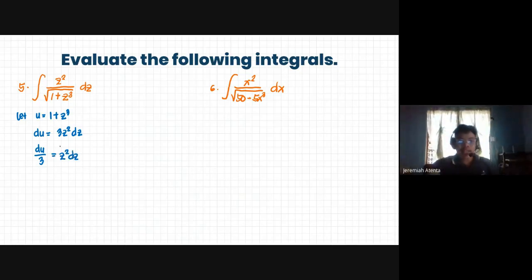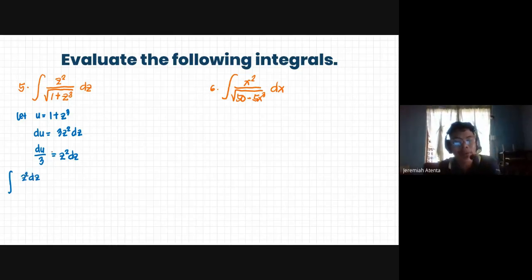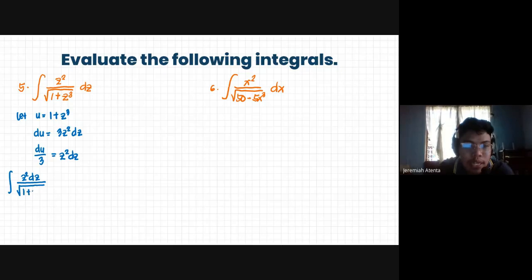So from our given integral, we will now have the integral of z squared dz over the square root of 1 plus z cubed. Pwedeng ilagay ko na sa taas si dz para makita ninyo. This is now equal to du over 3 over square root of u, right?